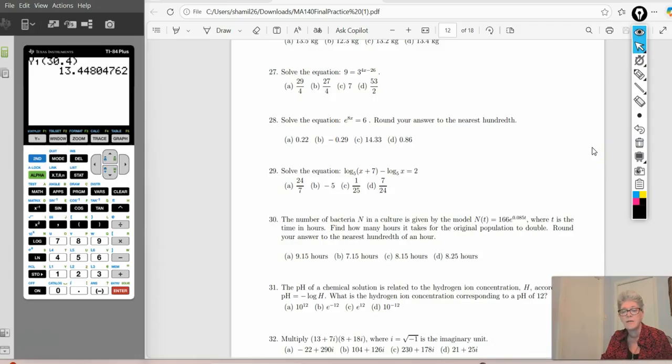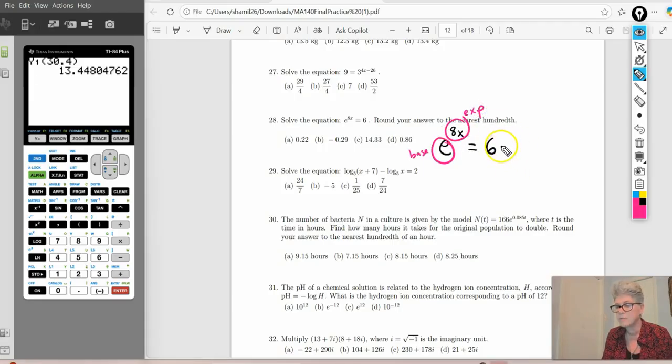Now, with number 28, I can't do that like I did in 27. I cannot rewrite 6 as a power of e. So what we're going to need to do is a conversion. Here's your base, and there's your exponent.